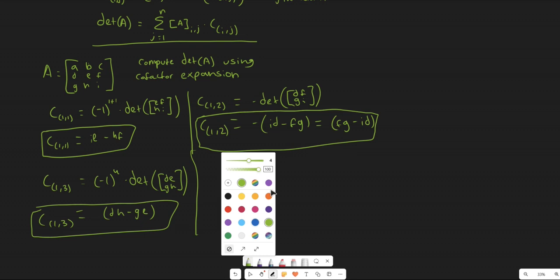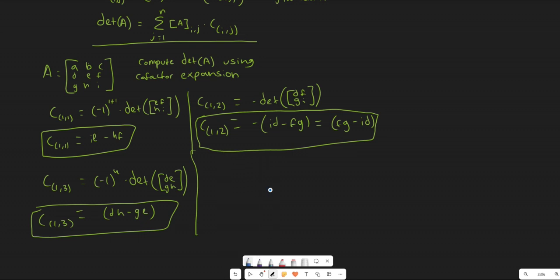And now let's just go ahead and punch everything into this determinant formula that we have up here. So I'm going to do that in a different color. Just switch over to blue. Once again, we know that formula for the determinant of A. Your determinant of A is just going to be the first entry, the entry in 1, 1, which is A. So that's A, multiplied by this C11, which is IE minus HF, plus, because it's a sum, your next entry, which is B, times the 1, 2 cofactor, FG minus ID, plus C bracket DH minus GE.